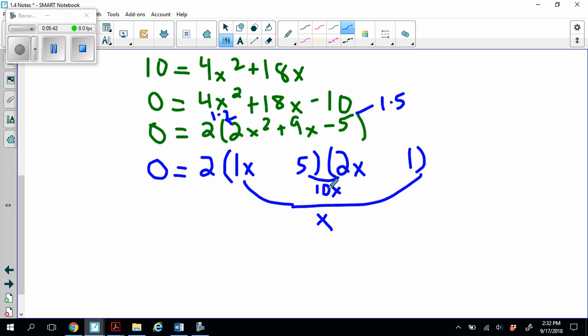Well, if we do some adding or subtracting with our 10x and x, it should give us the middle number as 9x. So we have 0 equals 2 times x. Now in this case, we are going to have a positive here, because we have to have a positive 10x and a negative x, so that's going to go in our other spot. So we have x plus 5, and then 2x minus 1.